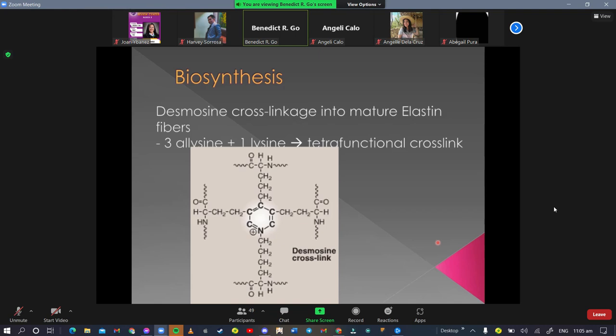The difference is in the linkage or the cross-linking of your mature elastin fiber. You have 3 allysine and then 1 lysine to form your desmosine cross-link right there. 1, 2, 3, and then 1 over there. Tetrafunctional cross-link. Okay, I'll explain that in the differences between elastin and collagen later.